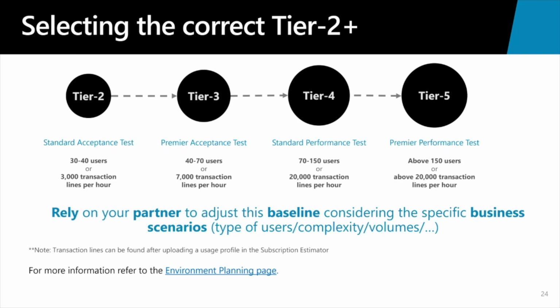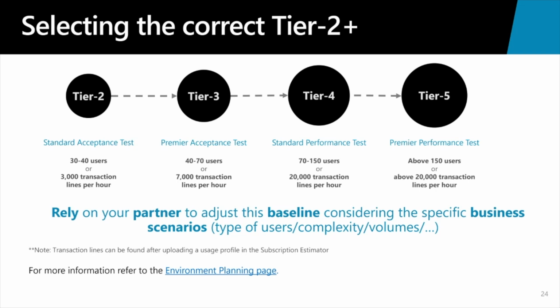Here is the baseline that can help you justify the correct tier for any of the purposes, including data migration, training, UAT, etc. For the transaction volume, after you upload a subscription estimator and mark it as active in LCS, the total transaction volume will be calculated automatically, and you can view the result of the transaction lines per hour in LCS, and based on that transaction volume, choose the correct tier.